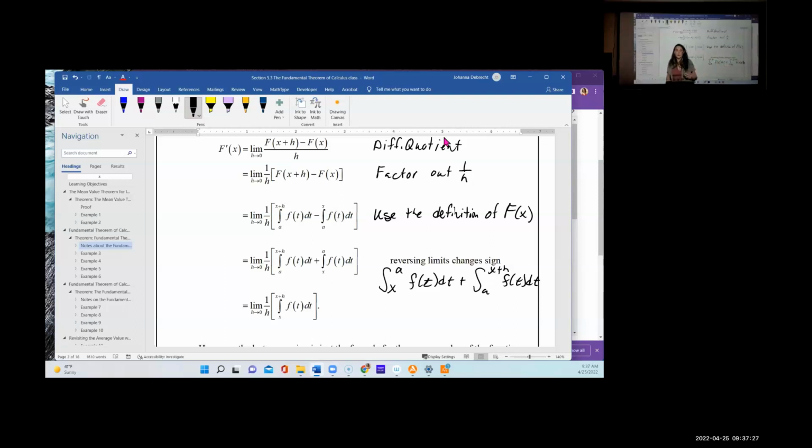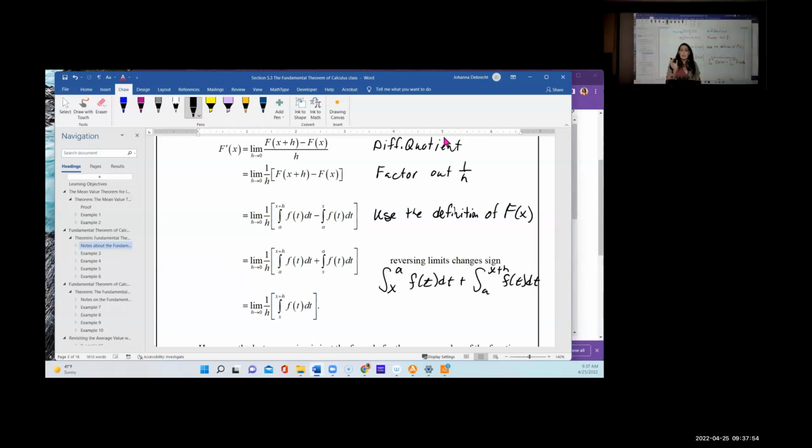And there was another property of integrals that says when they match like that, I can slide them together and write them as one combined integral from the first lower limit to the last upper limit, leaving out the part where it goes to a. Remember that a is a constant. So we have now the integral from x to x plus h of f of t dt.